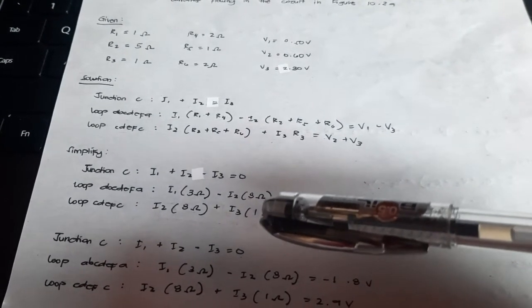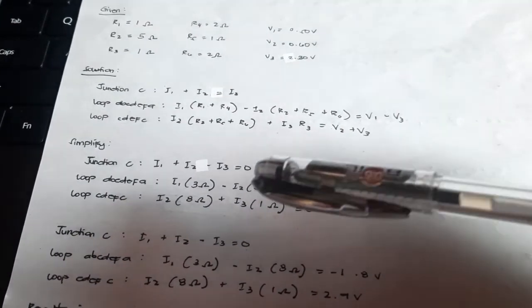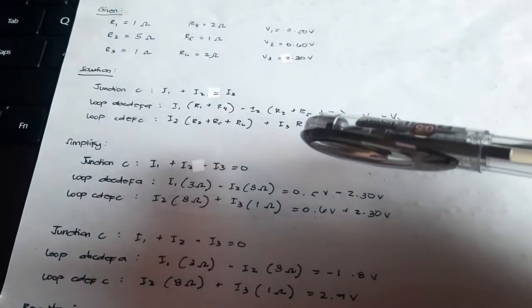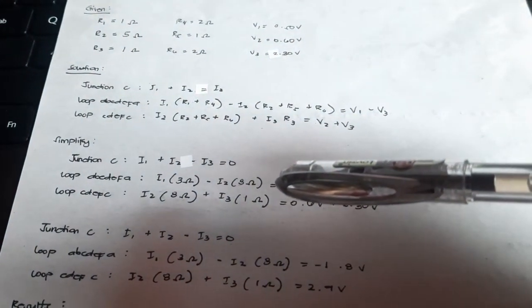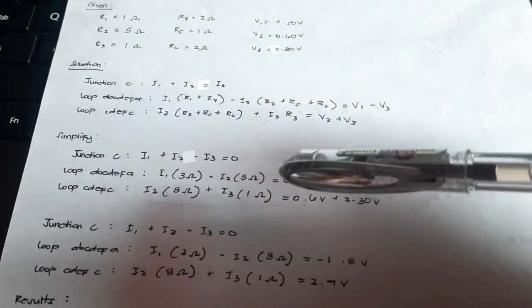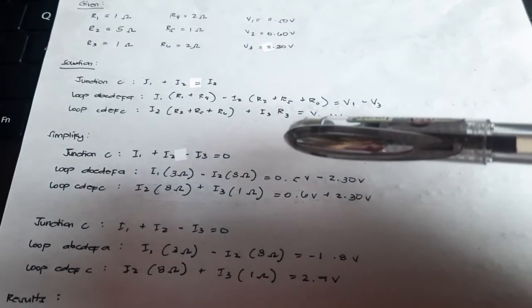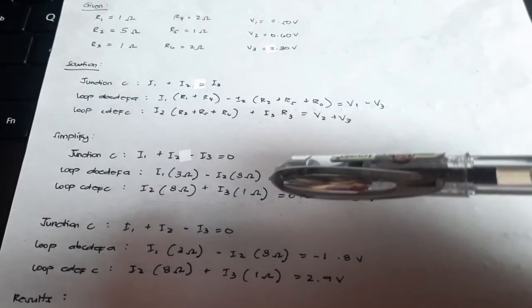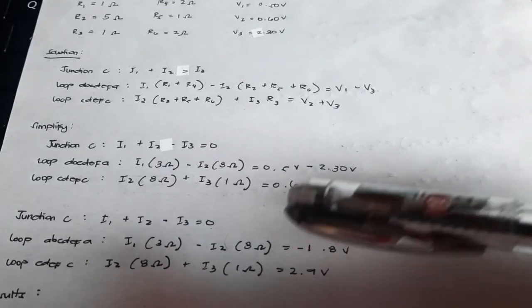So I sub 2 dayon. Then same lang is the R2, which is 5 ohms plus 5 ohms plus R5, which is 1 ohm plus R6, which is 2 ohms, in which 8 ohms. Dayon equals 0.